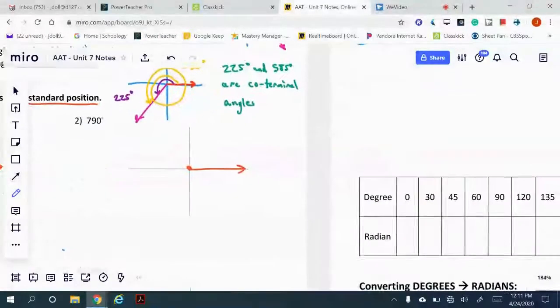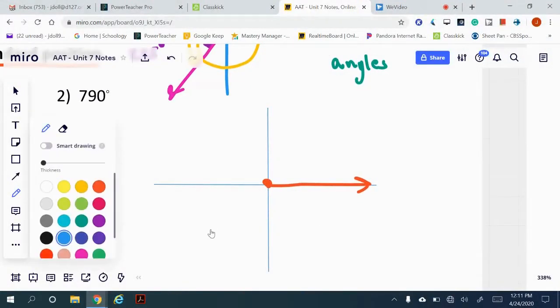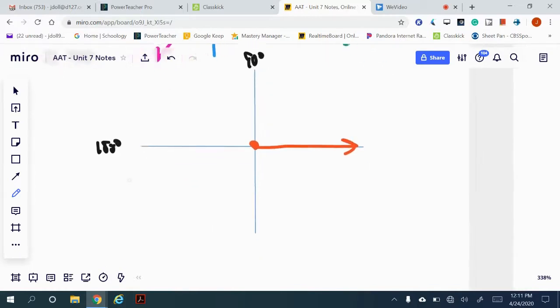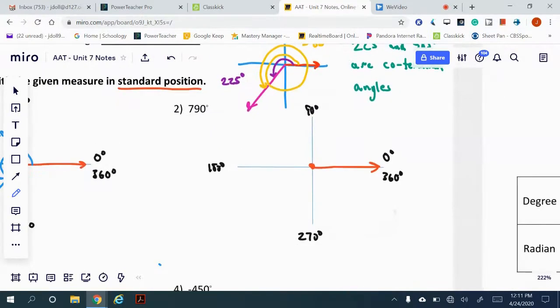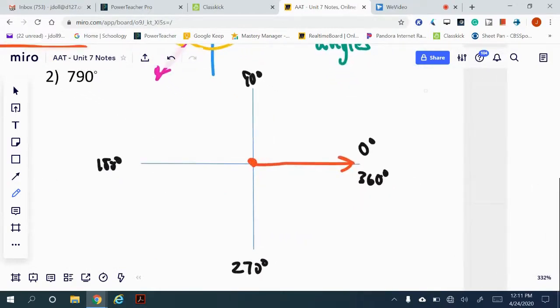All right, let's talk about 790. This is where we're going to get into this idea of how we create coterminal angles. Because 790, again, if we label this, 90 degrees, 180 degrees, 270 degrees, and 360 degrees, you can see is way off of one rotation around our coordinate plane here. So I'm going to rotate once all the way back to the same initial side.